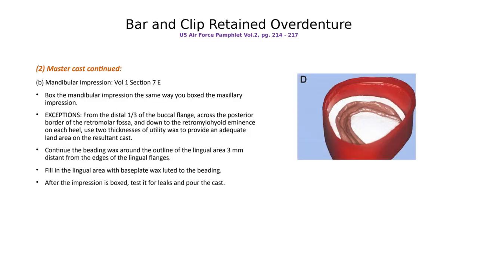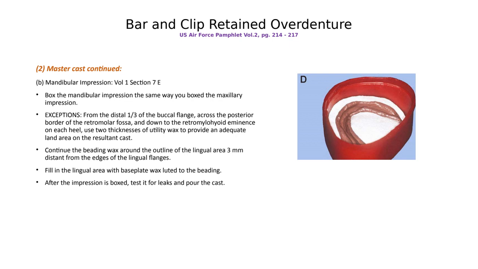Very important when we pour up the impression, we have to be careful to mix the stone, and I recommend in those cases to use die stone because it's stronger and more accurate, and also use a vibrator to pour up the stone.